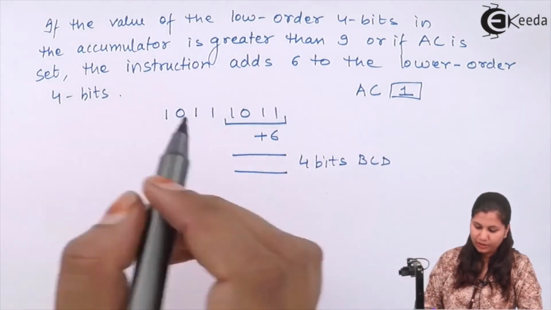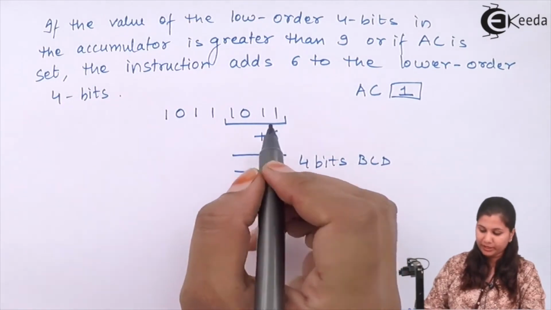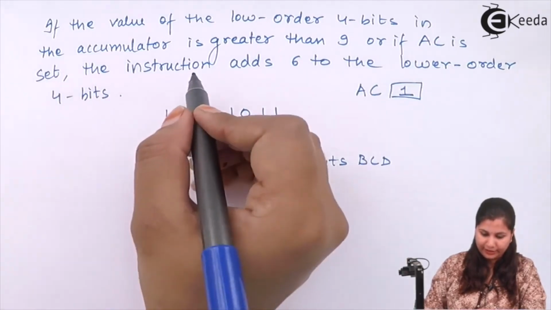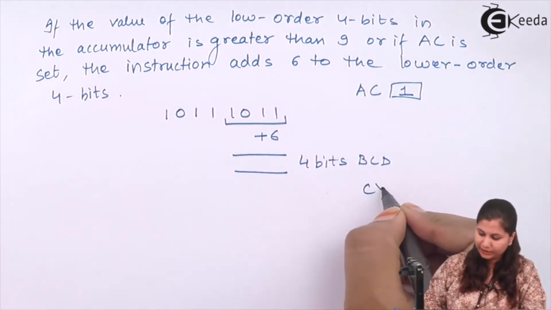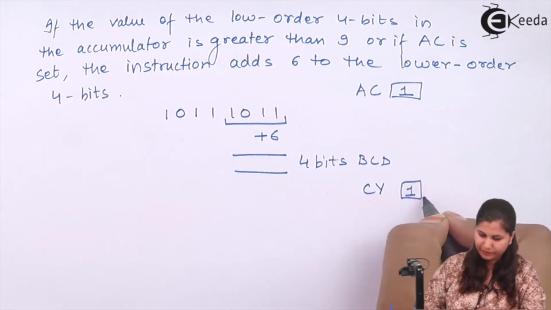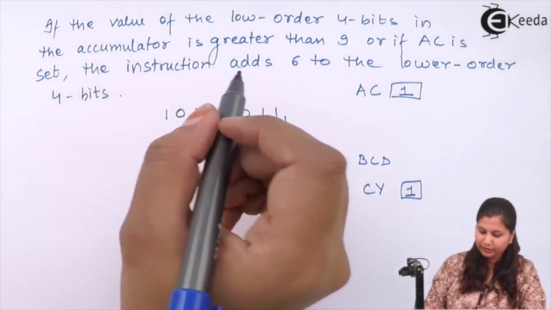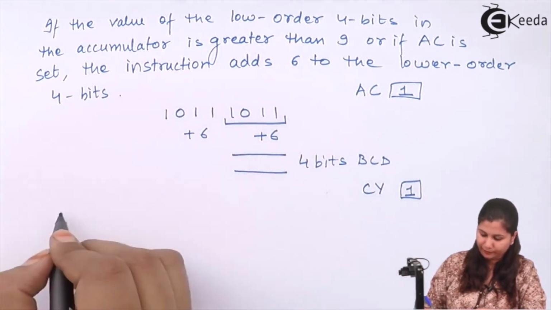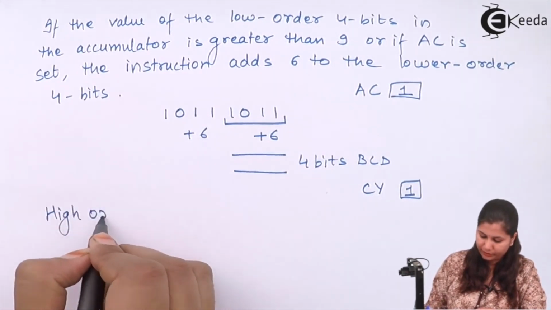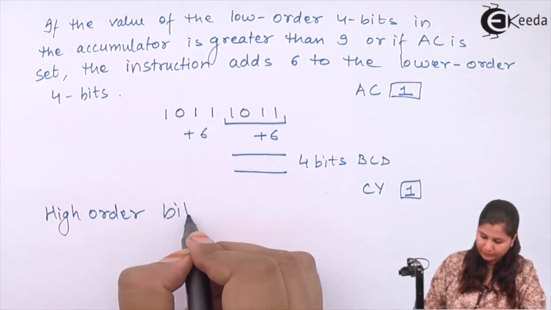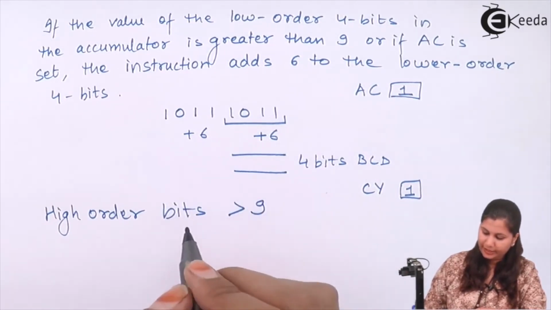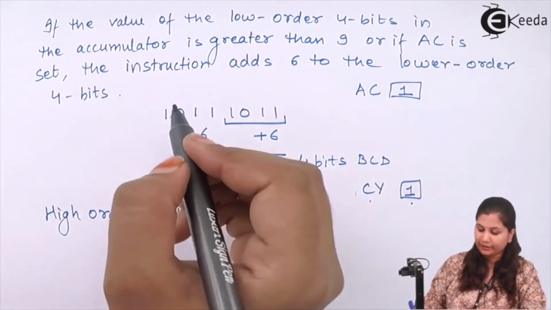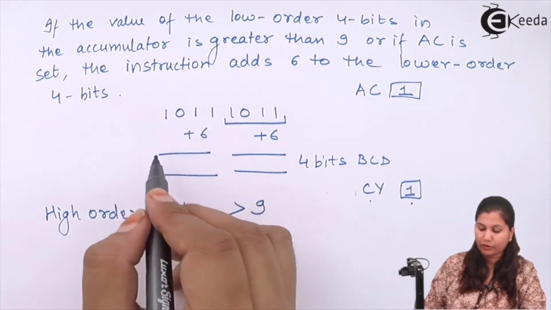Now this was for the lower order 4 bits. If the value of the higher order 4 bits is greater than 9, or if the carry flag is set, that means it is 1, then this instruction adds 6 to the higher order bits.